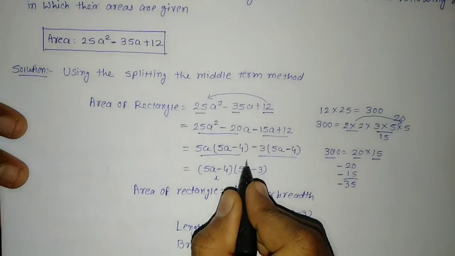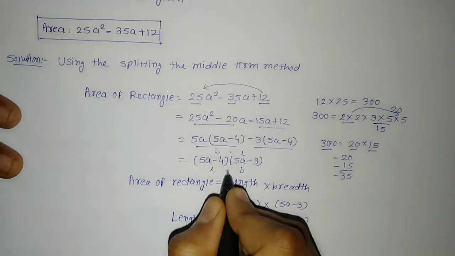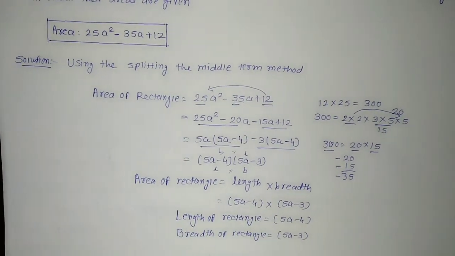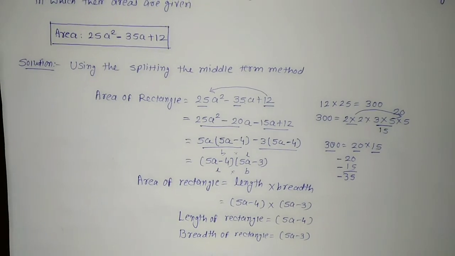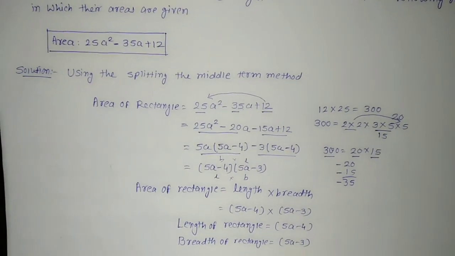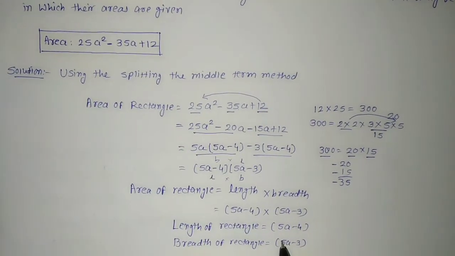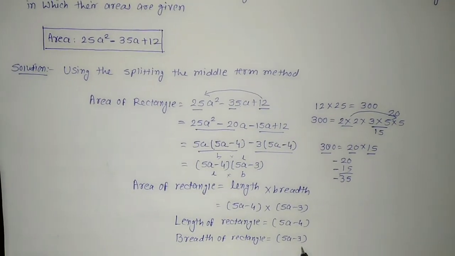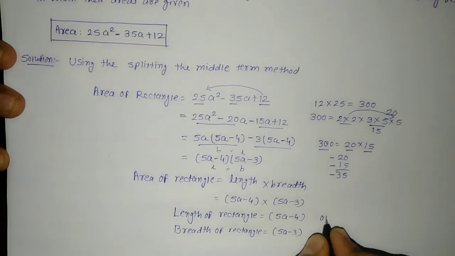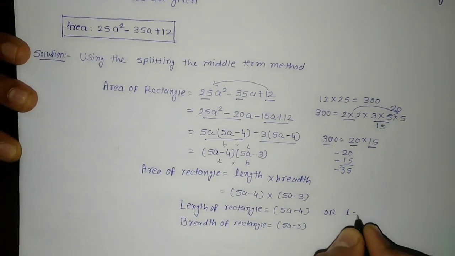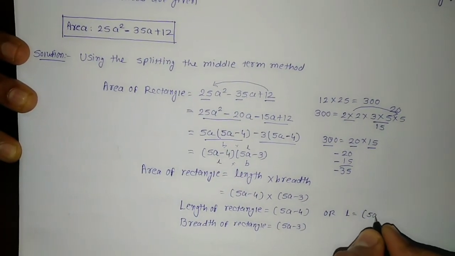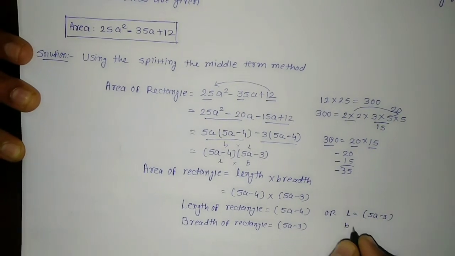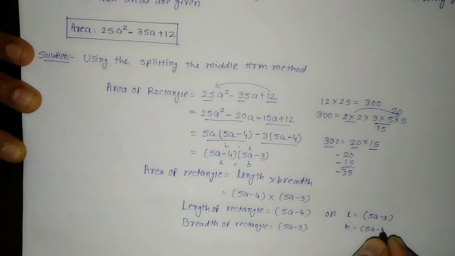Or if I take this as length, then this will be breadth, but the multiplication will be the area of the rectangle. So that way we have found the factors, and ultimately we have written the length of the rectangle is equal to 5a minus 4 and breadth is equal to 5a minus 3. Or in the other way, if the length is 5a minus 3, then the breadth will be 5a minus 4.